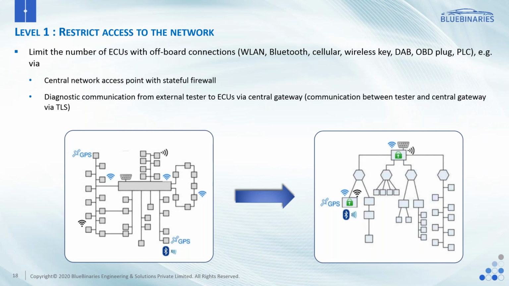All the communication between the external tester via the central gateway would be to a specific node in the vehicle, and from there you can broadcast these diagnostic information within the vehicle. But for the external tester, only this ECU or this node would be visible always, because these are connected via a restricted access network.